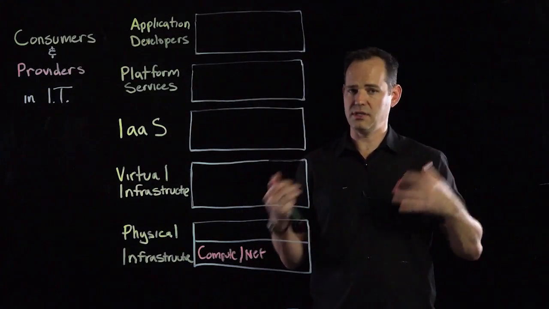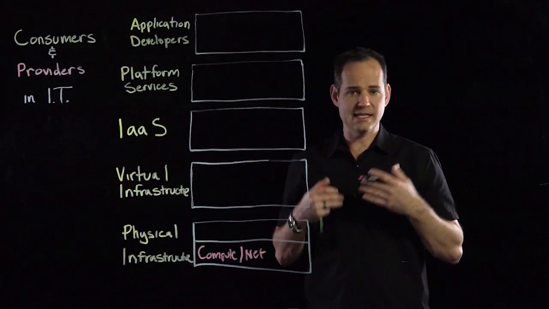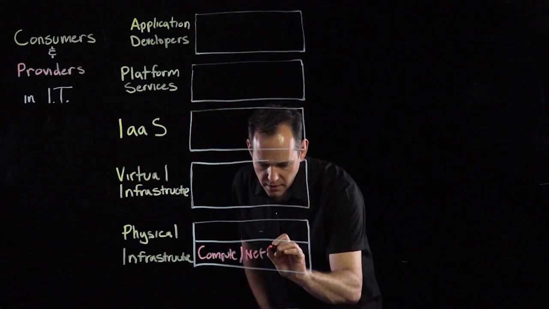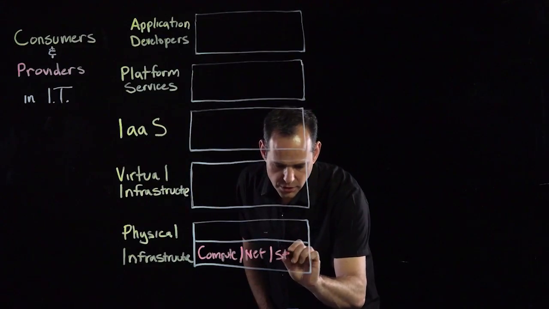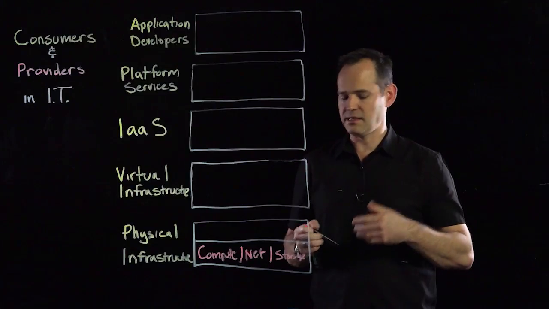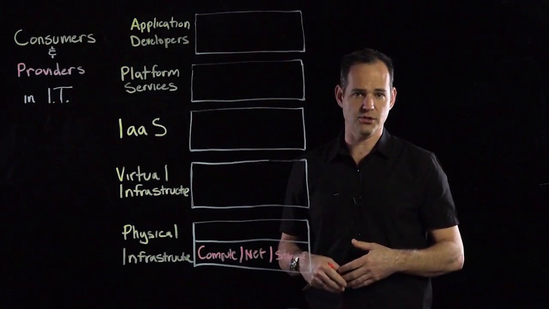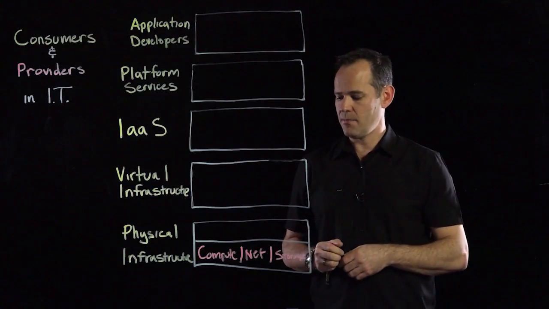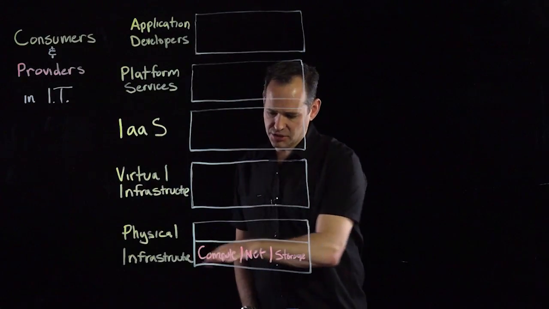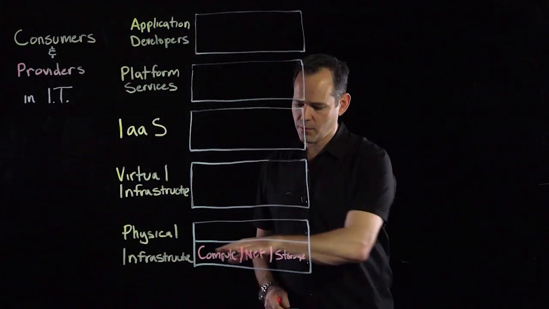So am I using Cisco or Arista or Juniper? Is it layer 3 top of rack? What are all those topology decisions? Finally, what about the storage? You've got to make decisions around the storage. So is it NFS, is it iSCSI, is it fiber channel, direct attach, and so on and so forth. So I have to make decisions down in the physical infrastructure related to this.